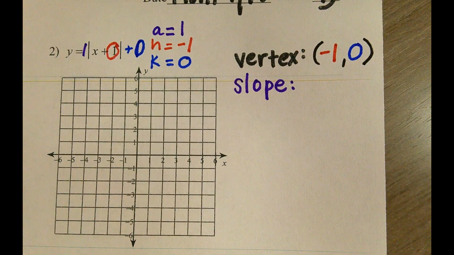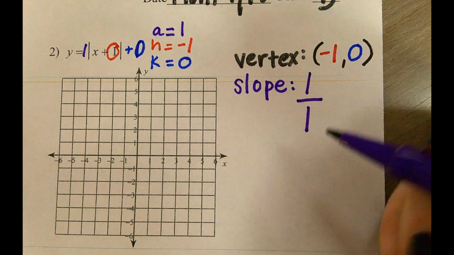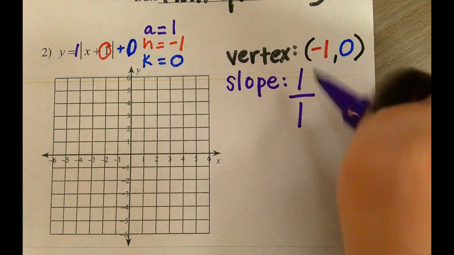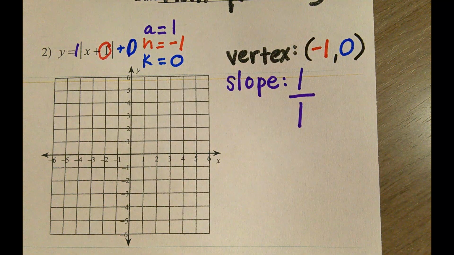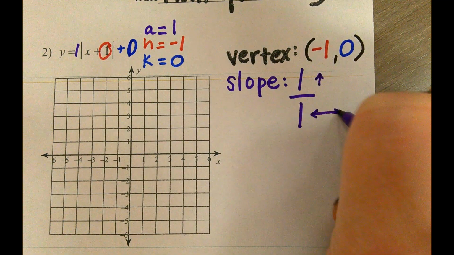And what is my slope? It'd be 1 over 1. So we're going to do the same step motion as number 1. We're going up 1 from the vertex and then over 1.